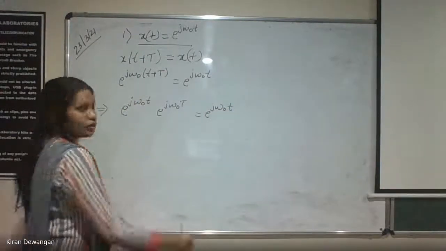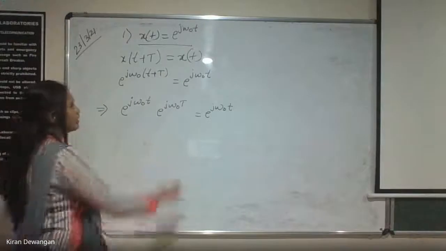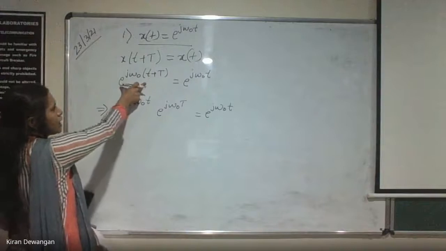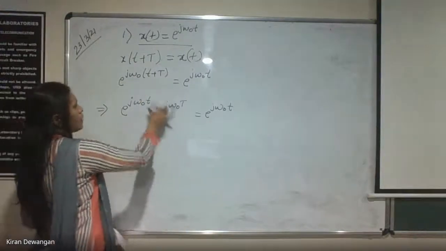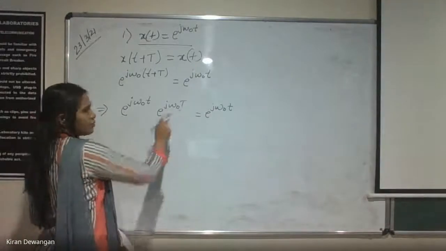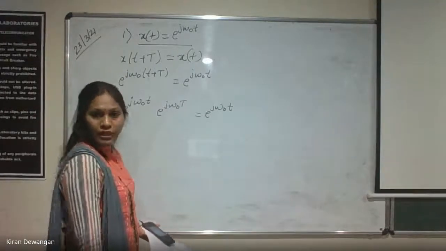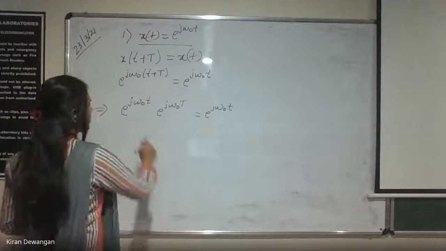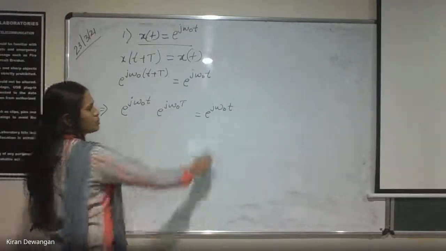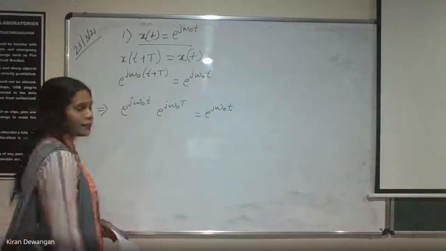So we can just bifurcate this one. We have taken this as a different term and the capital T as a different term, because the powers add up.